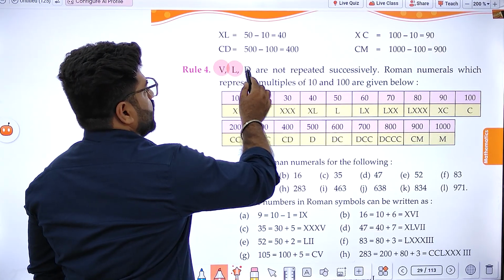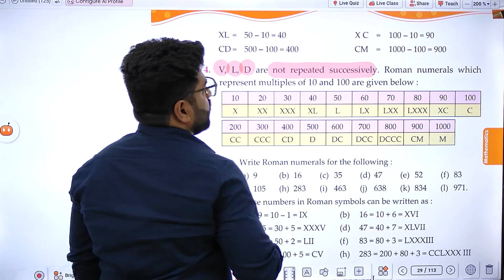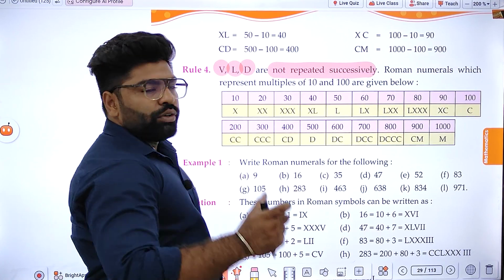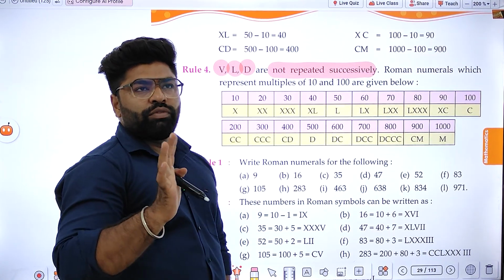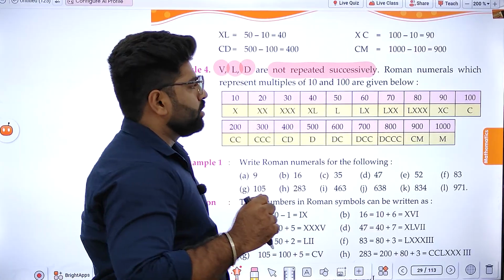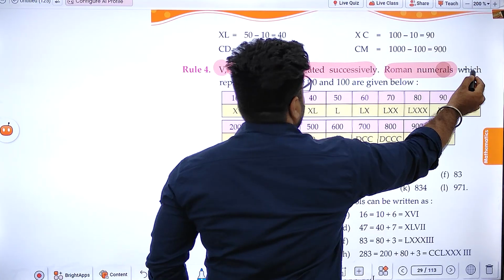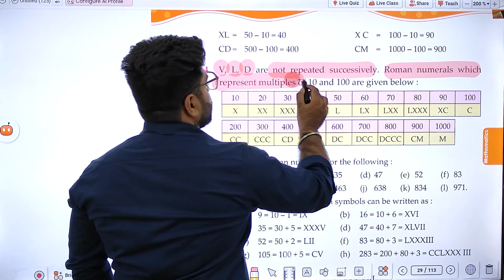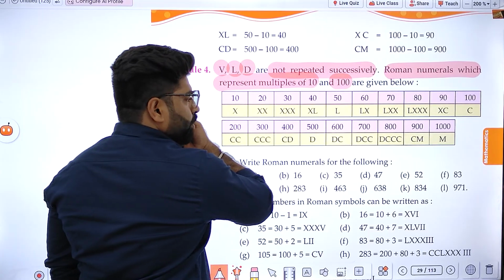Next is V, L, D: these are not repeated successively. We cannot repeat V, 50 and 500 numbers, and Roman numerals which represent multiples of 10 and 100 are given below.